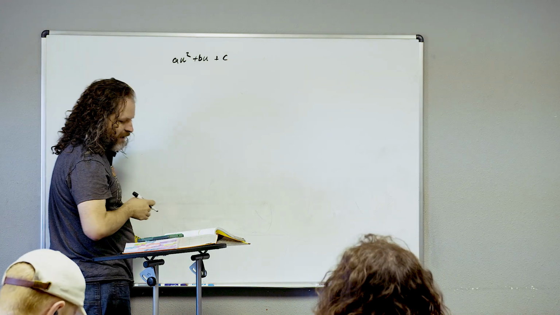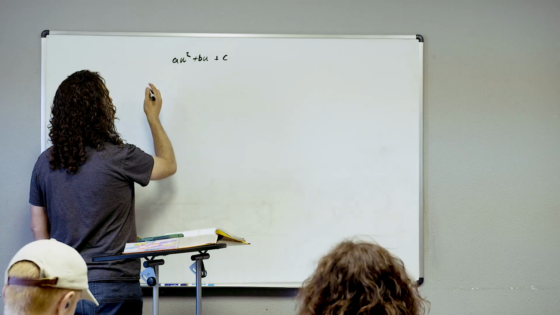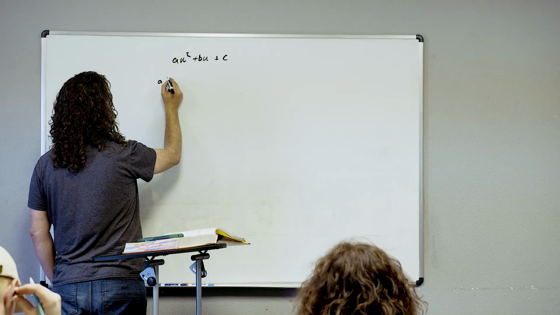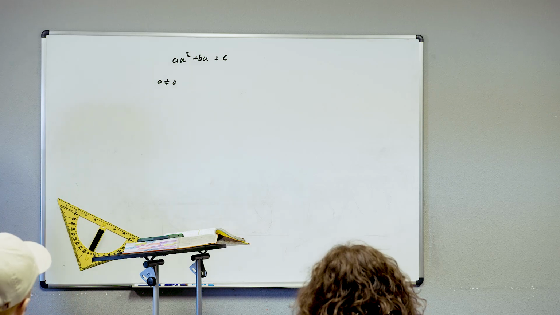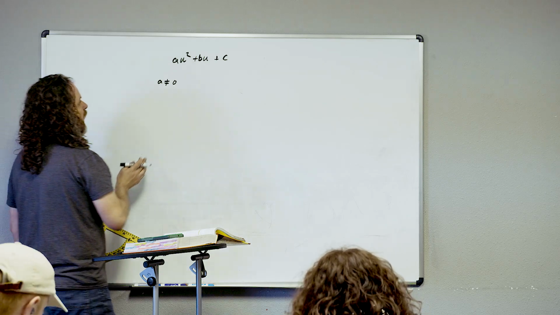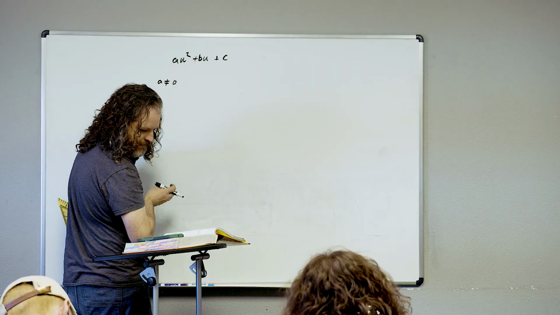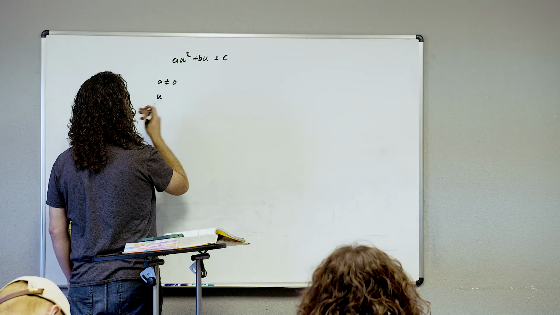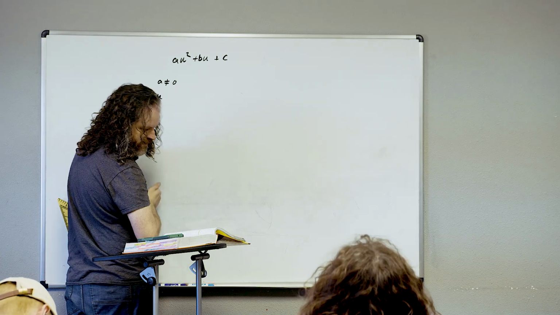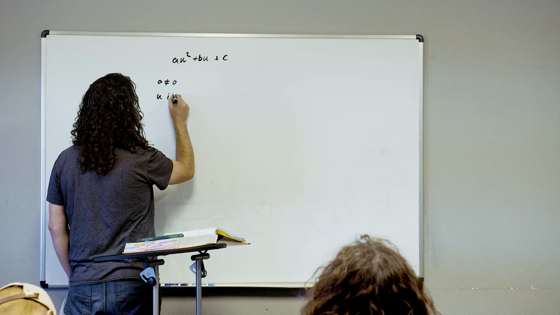And the stipulations in there are that a, of course, cannot be 0 because then it's just linear, right? And u is some expression in x.